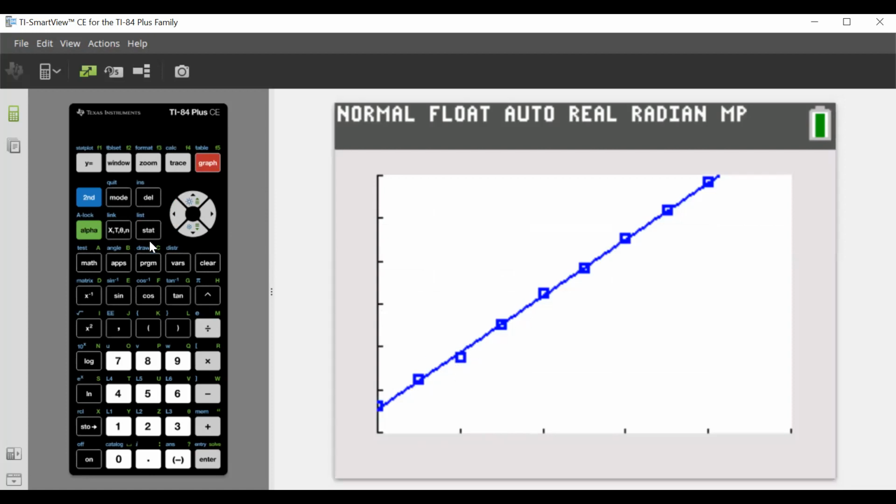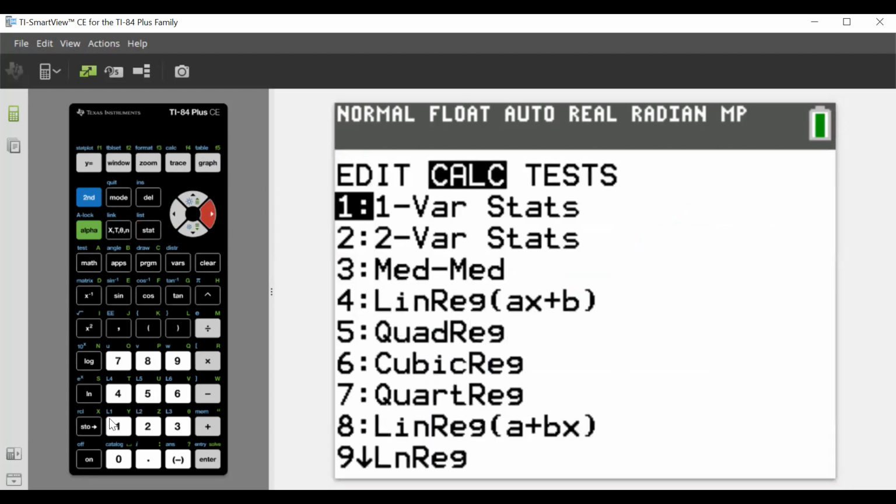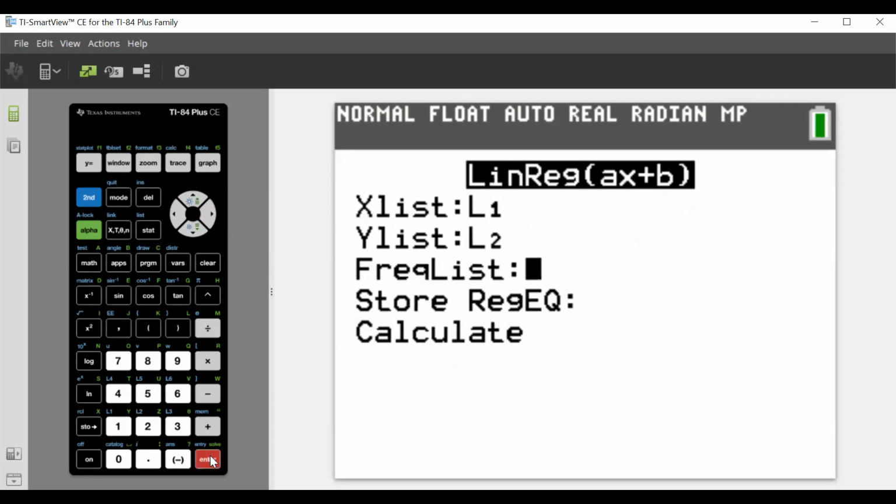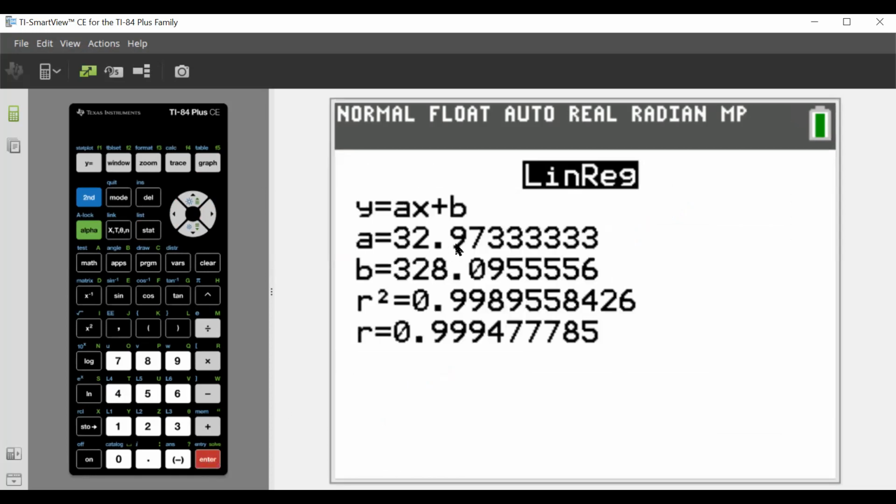Okay. And so what does that give me for my regression? So I need to have that. That's really the key here. So 32.97x, and 328, if we're going to 2 decimal places, 0.10. Okay, so that's what I need. So let's go back over here.